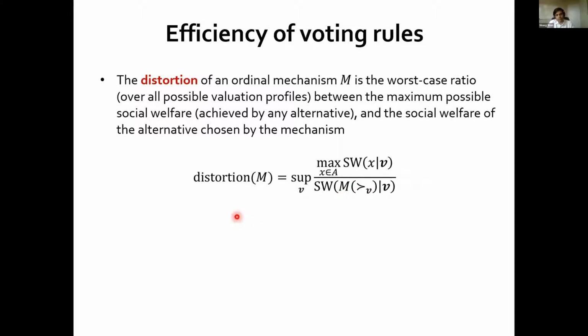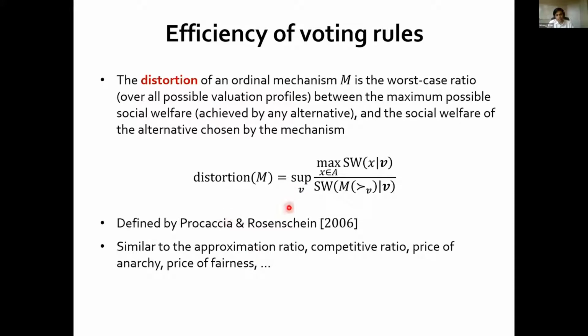This was introduced almost 15 years ago by Procaccia and Rosenschein, and it follows the same rationale as the approximation ratio or the price of anarchy, all these worst-case notions. Of course, we can define it for other objectives as well. We've seen this with social cost in the metric setting, and we just had a discussion about the Nash welfare, for instance.